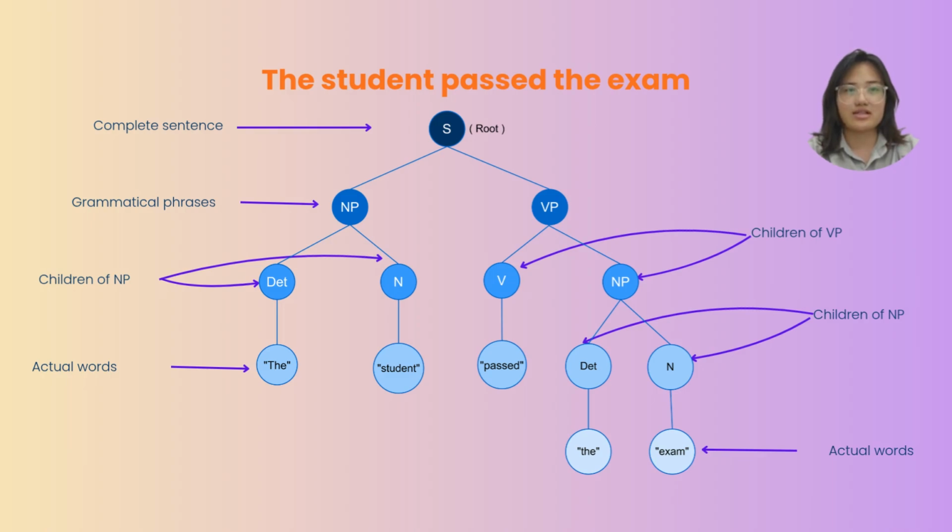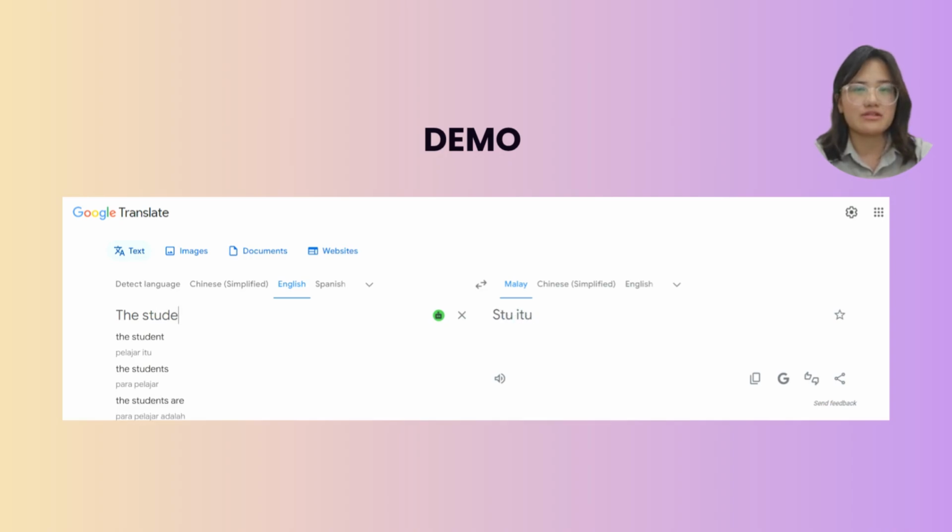The actual words like the and student are the leaf nodes at the bottom, which have an out degree of 0. We can mathematically verify this using the edge-vertex theorem. As you can see at the bottom, there are 10 vertices and 9 edges, perfectly satisfying the formula E equals n minus 1. So how is this implemented in systems like Google Translate?